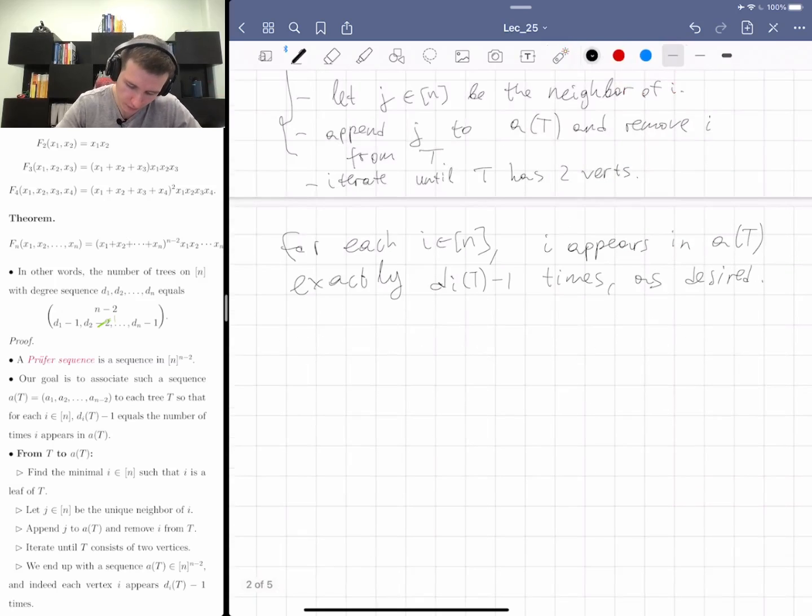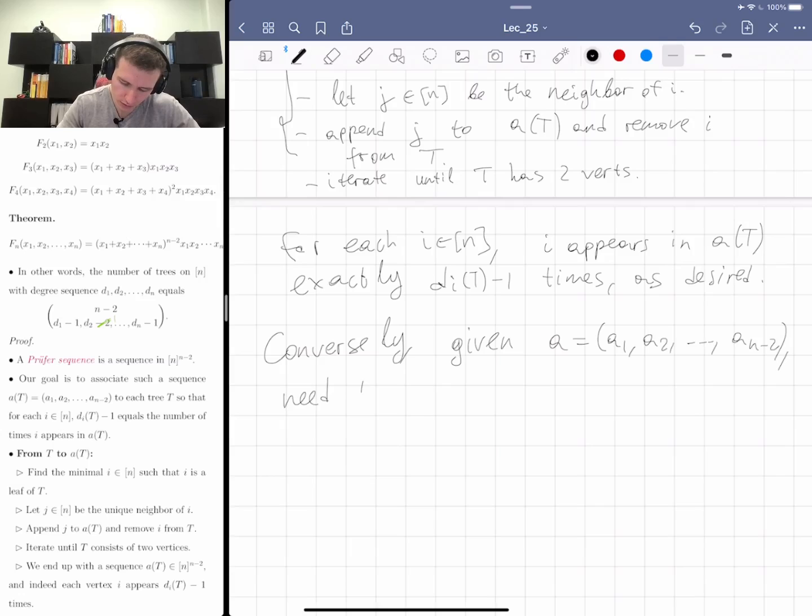Conversely, given a sequence A, A1, A2, all the way up to A n minus 2, I need to reverse the procedure, to find a tree T such that A of T is equal to A, and show that that tree is unique. How do I do that?